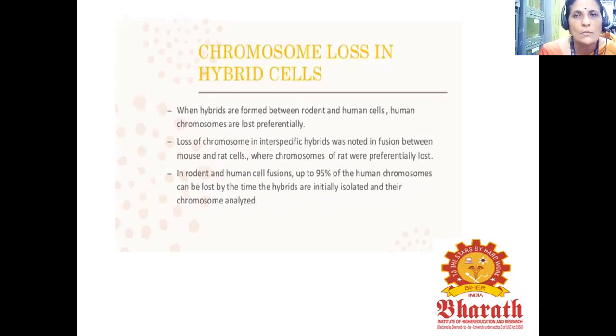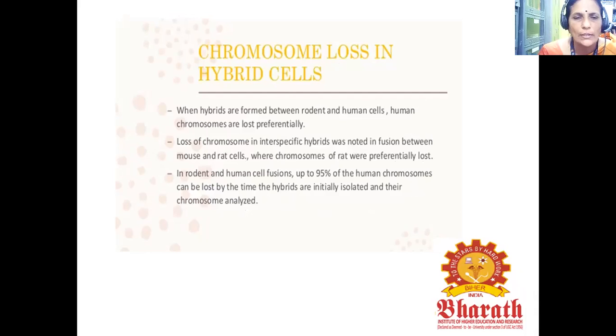The next topic is chromosome loss in hybrid cells. When hybrids are formed between rodent and human cells, human chromosomes are lost preferentially. Loss of chromosomes in interspecific hybrids was also noted in fusion between mouse and rat cells, where rat chromosomes were preferentially lost.